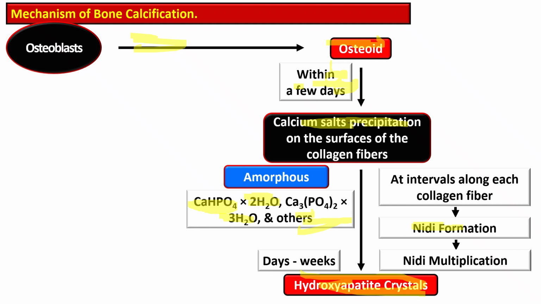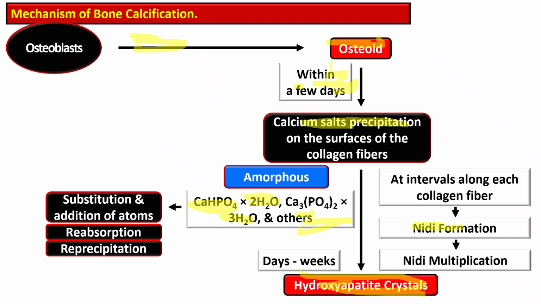These are non-crystalline, soft, and they are formed quickly. Then they are substituted, and there is addition of atoms, and then over weeks and months these amorphous salts are transformed into hydroxyapatite.